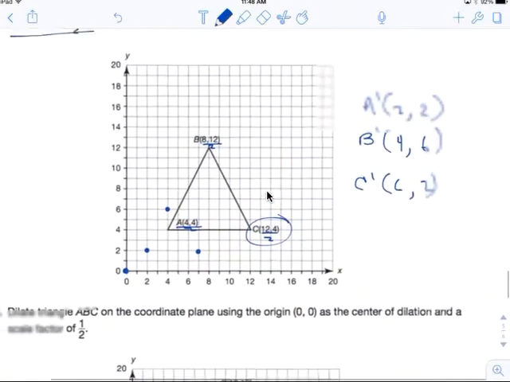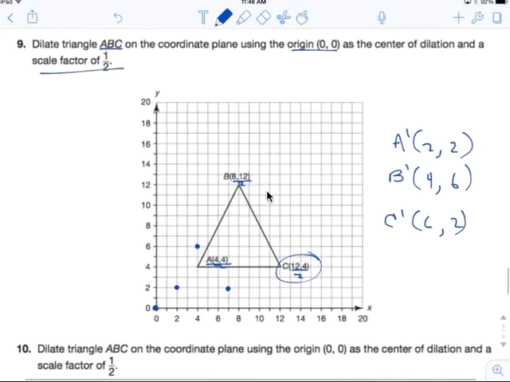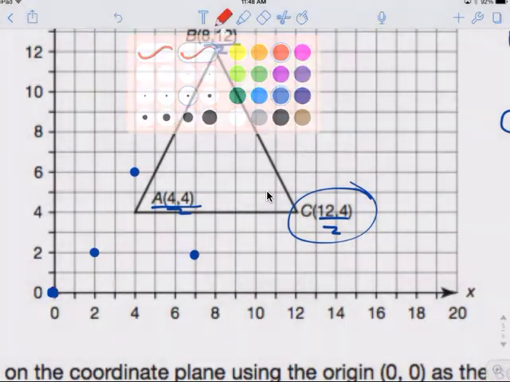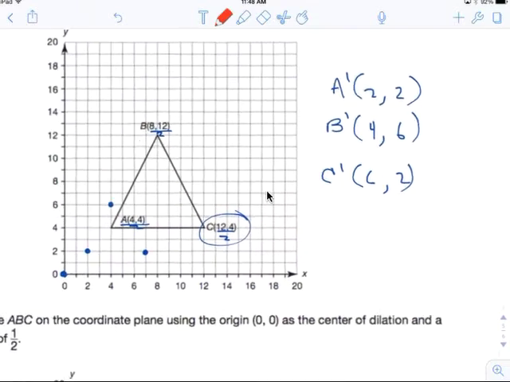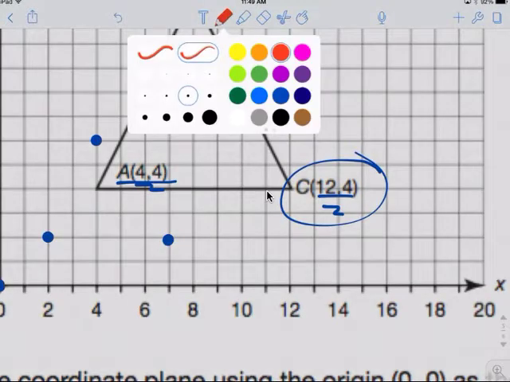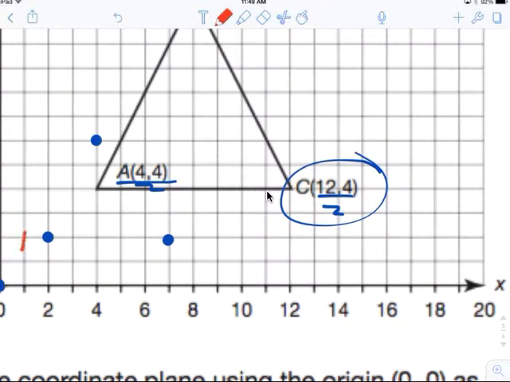Did it ask me to label it anything? Nope, it did not. But I need to label it anyways for my sake. A, B, C. Okay, connect them.